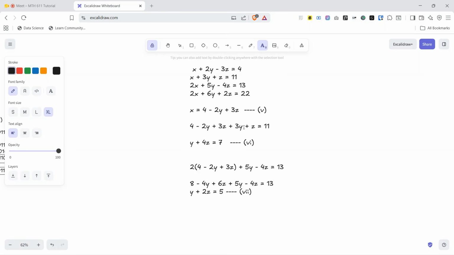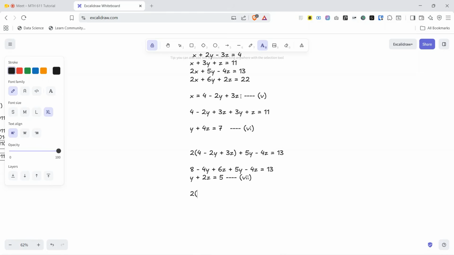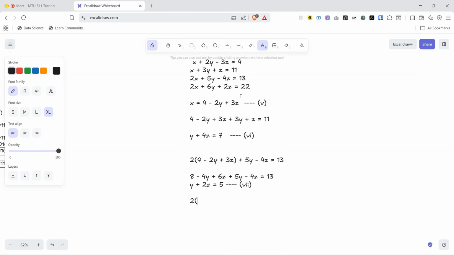Then we'll plug it into the fourth one, which is 2 times 4 minus 2y plus 3z plus 6y plus 2z equals 22. So 8 minus 4y plus 6z plus 6y plus 2z equals 22.